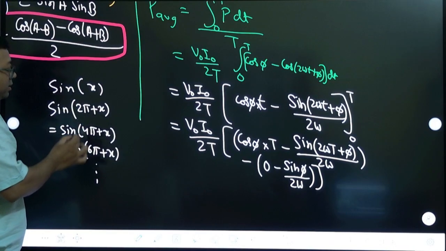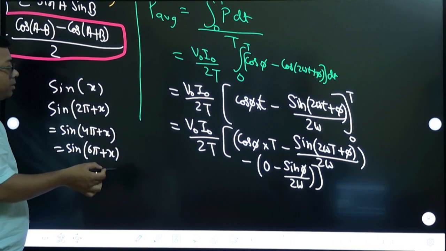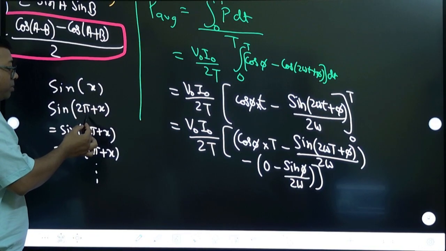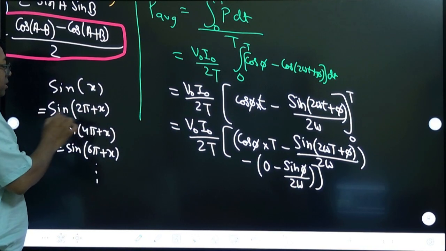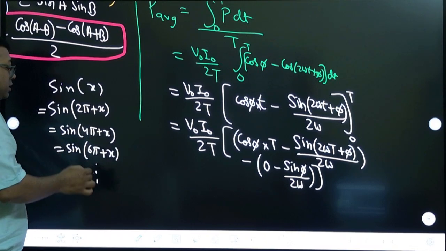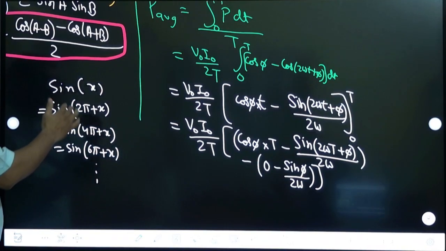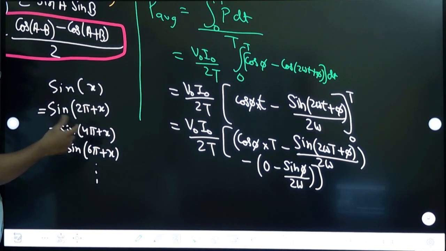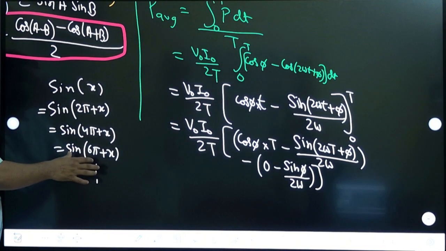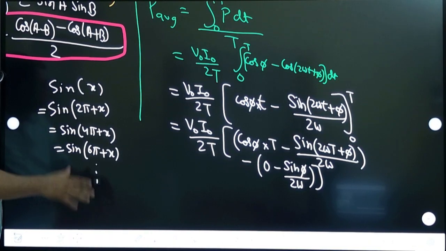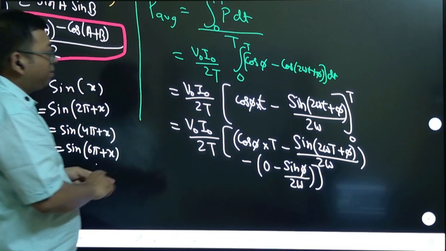So when you add the time period, the value will repeat. Suppose you add 2 pi to this angle, the same answer will be there. If you add extra 2 pi, 4 pi, 6 pi, it will be the same as sin x. That you should note, because sin value repeats after the period, right? So sin 0 is same as sin 2 pi, same as sin 4 pi, same as sin 6 pi. It will repeat. So same thing happens here.